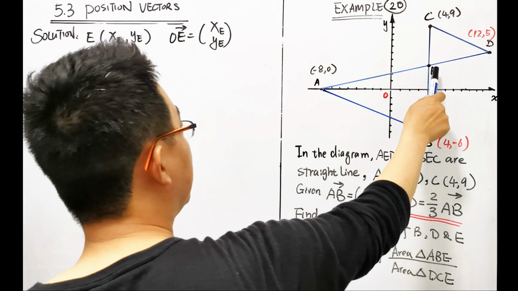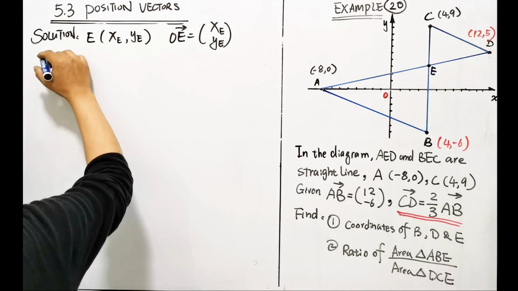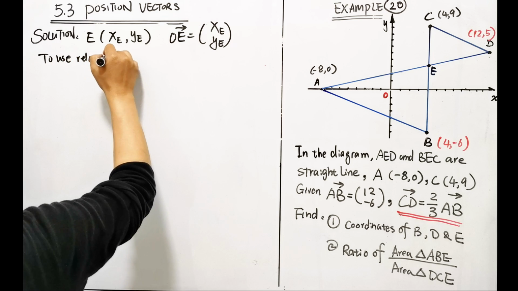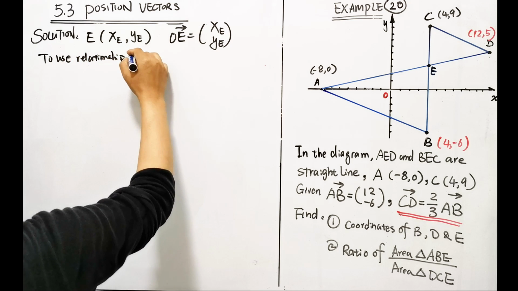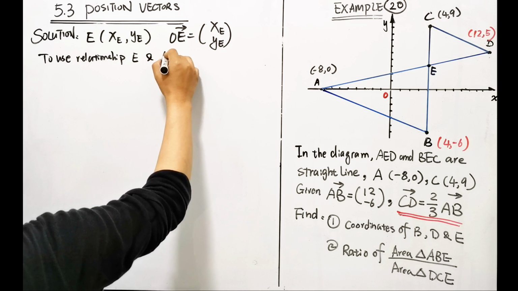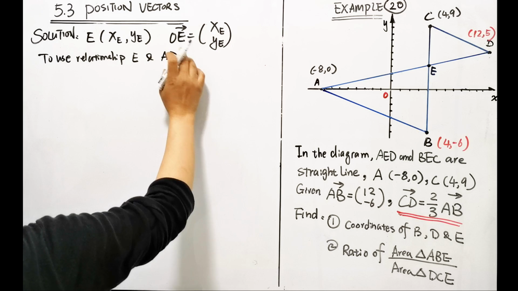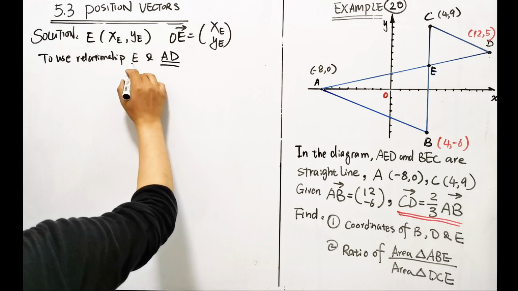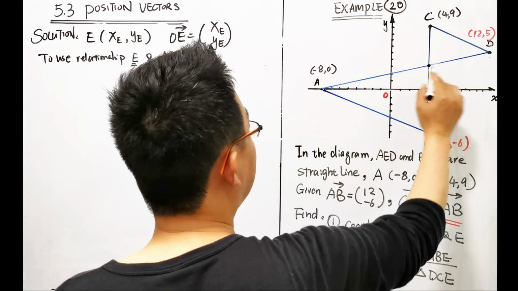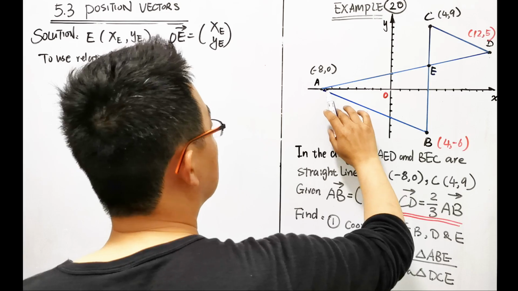We must find out the relationship of the point E and point A and point D on this line, either this line or this line. In this case, it's much easier. We just focus on this line.